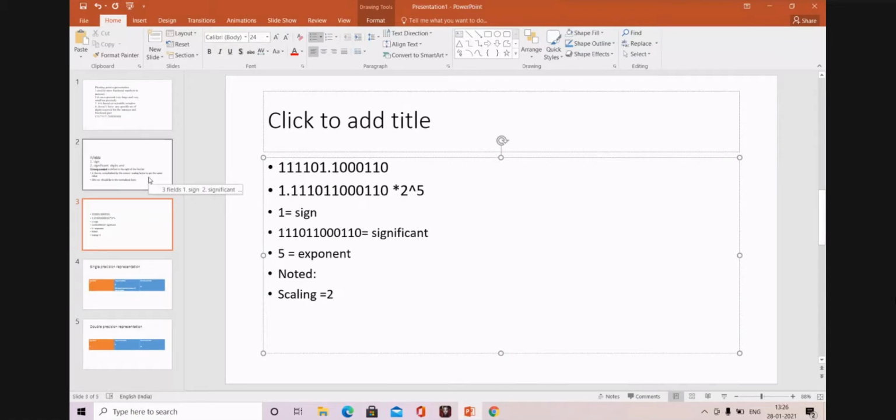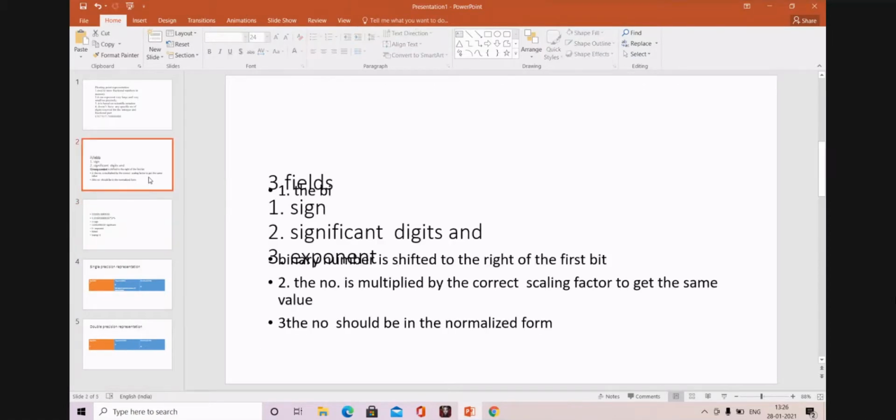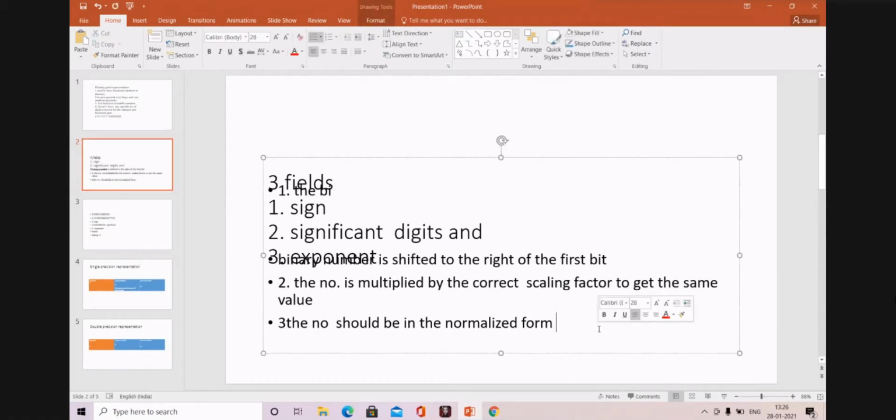That's why, when we started the first topic, I told you that your floating point has 3 fields. Actually it should be 4.